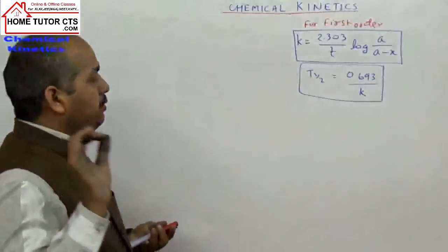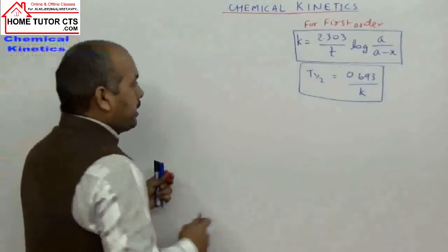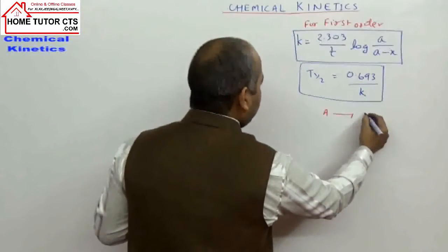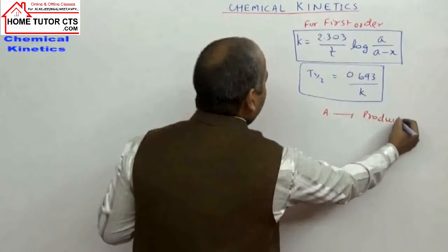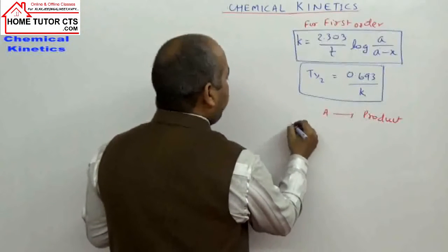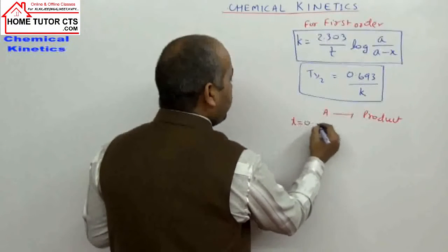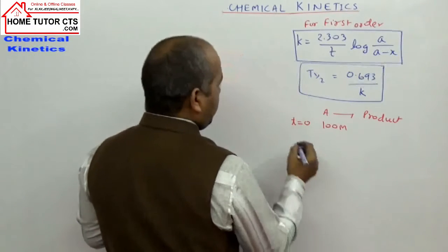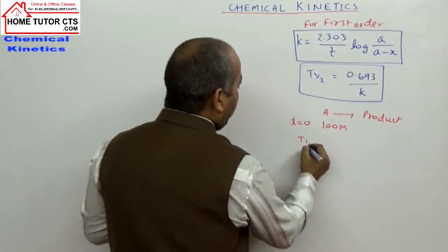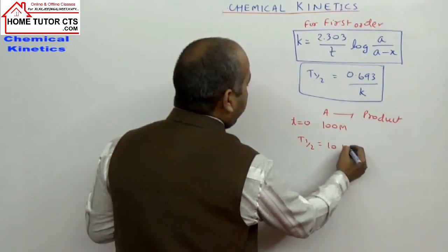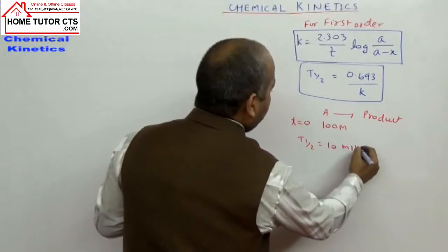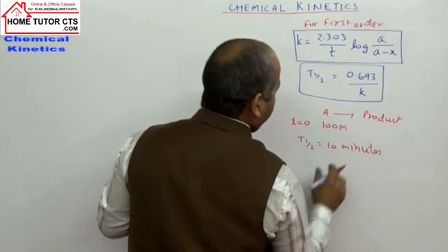Let us take a reaction, A giving product. If I take the initial concentration of the reactant as 100 moles per liter, and let the t half of the reaction be 10 minutes.